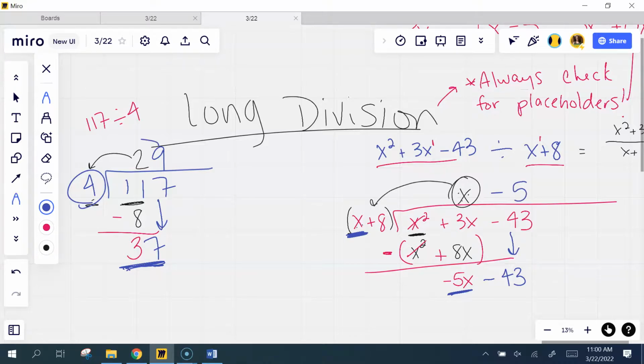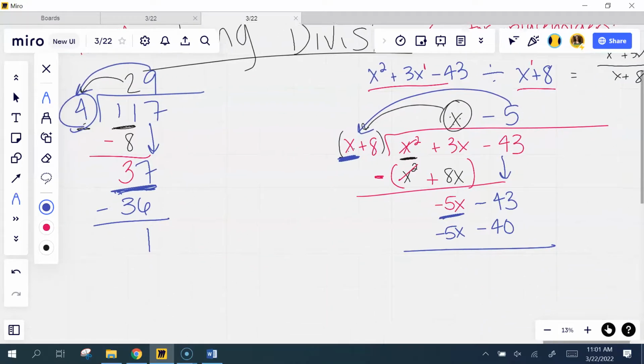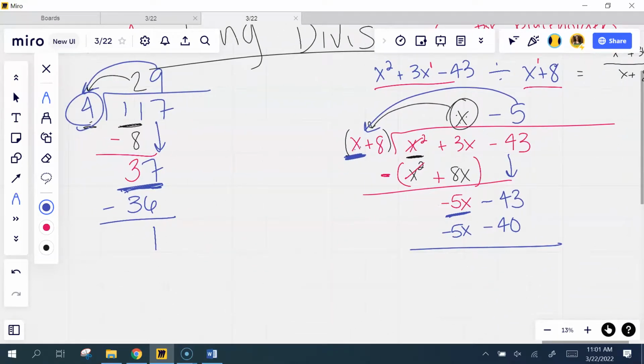Multiply around, just like I do here. Negative 5 times everything outside. Negative 5 times x is, yes, and negative 5 times 8, subtract, but I'm subtracting everything.